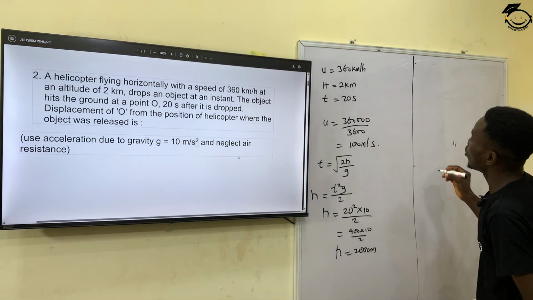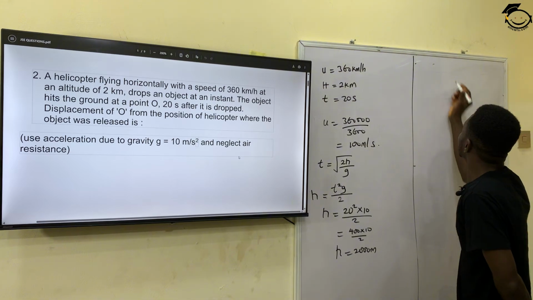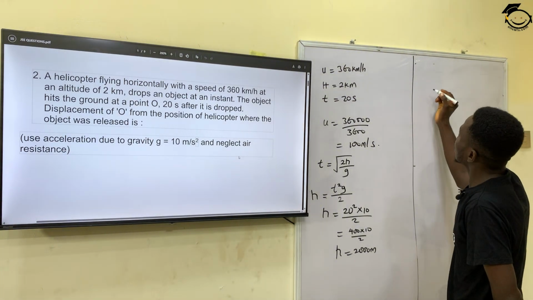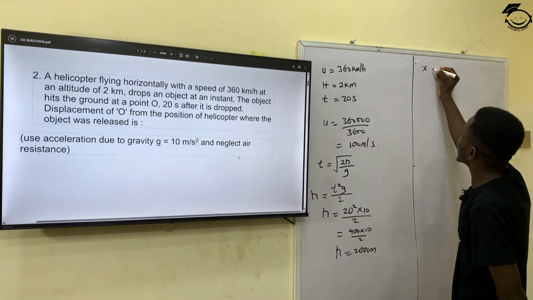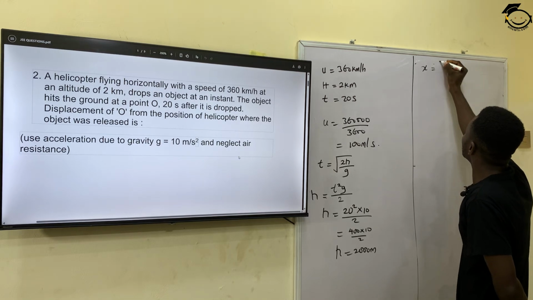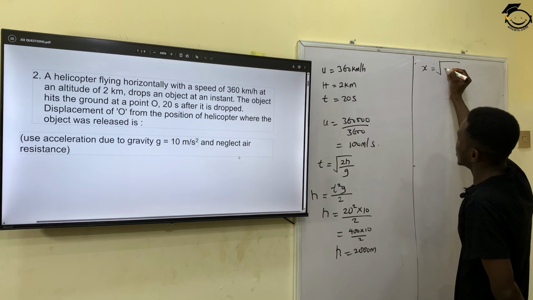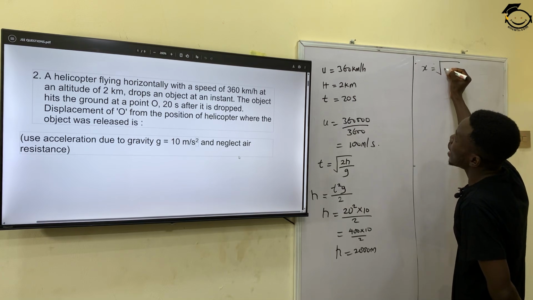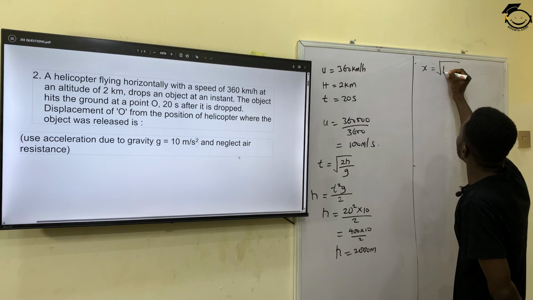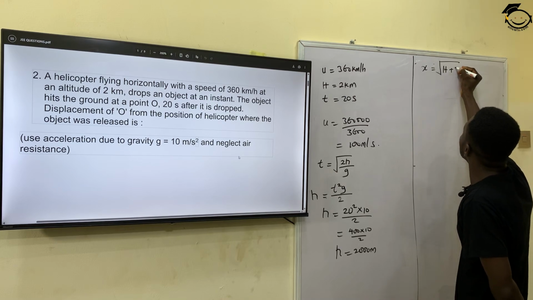2,000 meters. And I know that my total displacement there is supposed to give me the square root of the original height, which we have as h plus h.